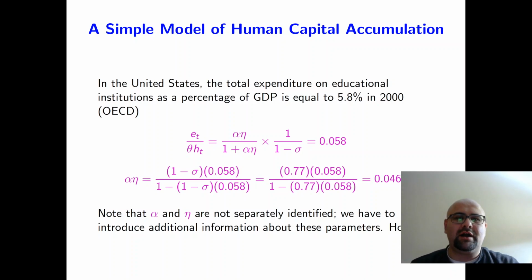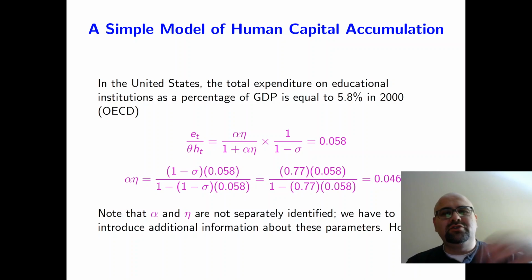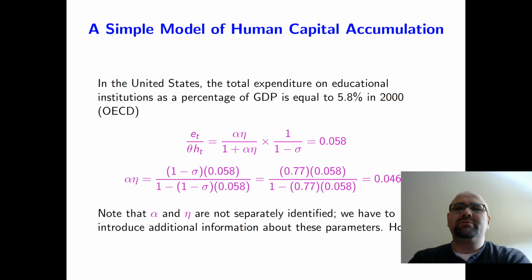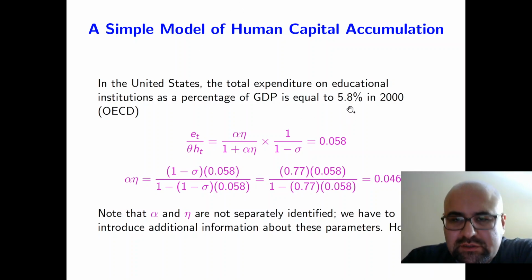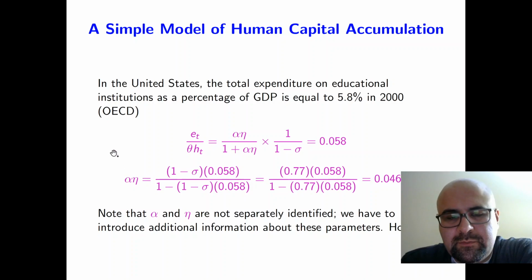So if I want to identify alpha and eta separately, and for some purposes in the experiments, I can actually need them, then I have to put additional information, additional data about the elasticity parameter eta and the altruism parameter alpha. Okay, I'm going to show you just in a moment. But importantly, if 5.8% of entire GDP is spent on education, then alpha times eta for this economy must be equal to 0.0467. Okay, so that's the idea. Now I know, at least I know alpha times eta, what alpha times eta is.